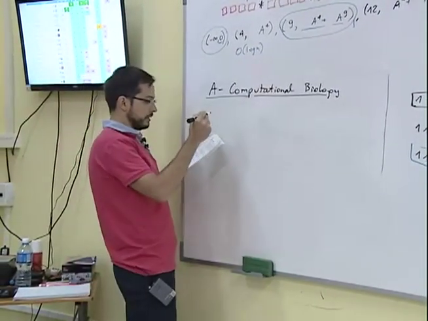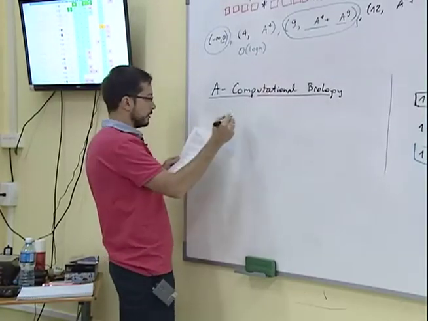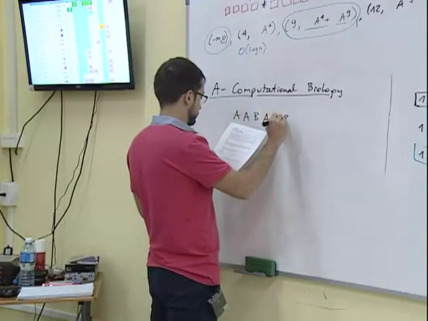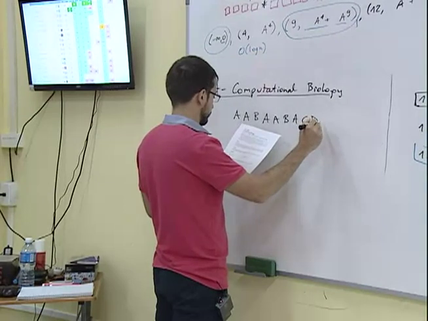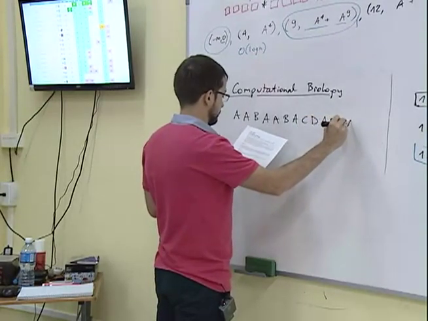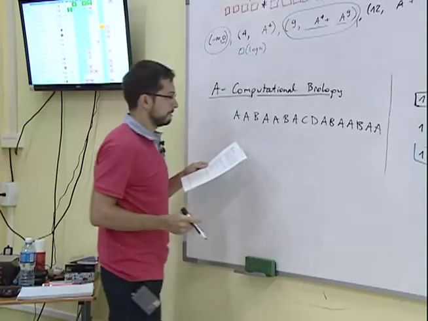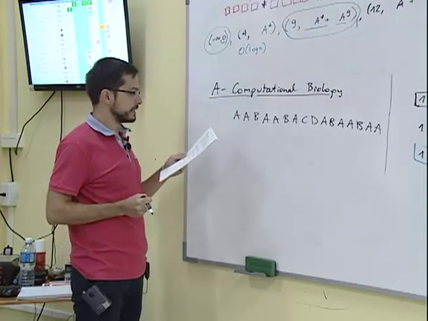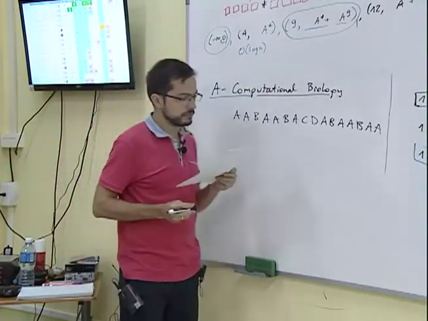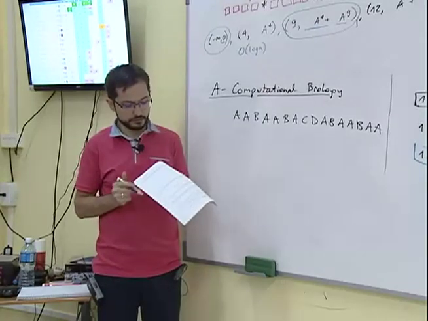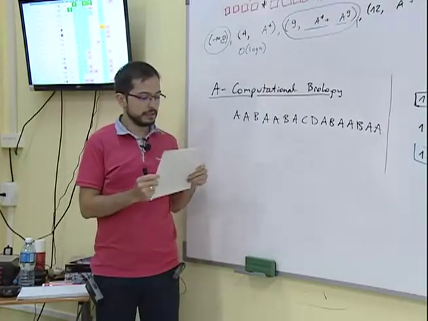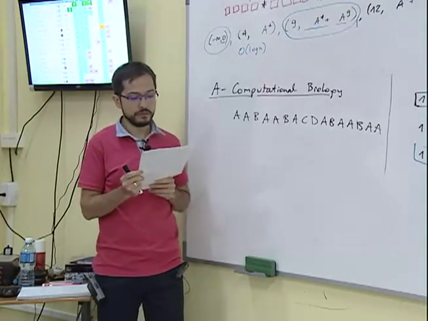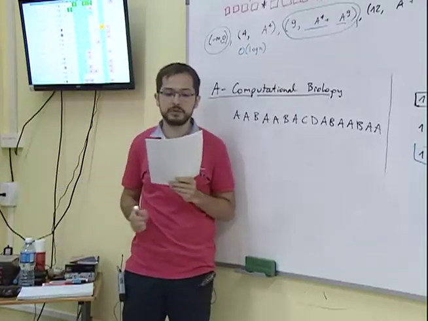All right, so now we have some word. This is the word from the example, and once again we are interested in some fragments of this word, and now we are interested in cyclic fragments.